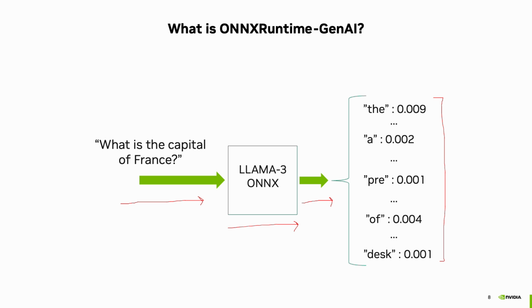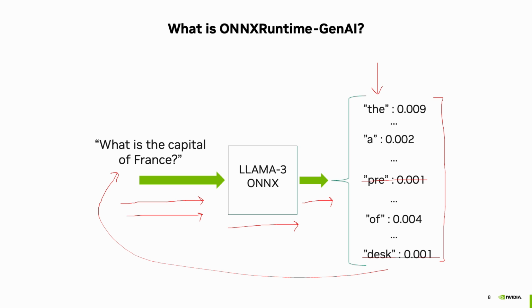At this point, you have inferenced Llama 3 using ONNX Runtime, but now you have to write wrapper code to sample the token that you want, maybe cross out tokens that you don't want. If you have a vocabulary mask and you want to get rid of these, you want to remove them from the probability distribution. You want to sample a token from here, append that to the input that you have so far and handle any caching of values that needs to take place, and then rinse and repeat, where you pass the input through Llama 3 again, get another probability distribution, sample, and then do that in a loop until you hit some terminal condition.